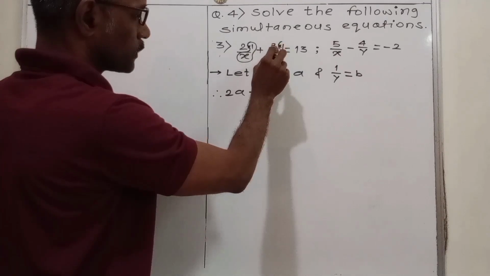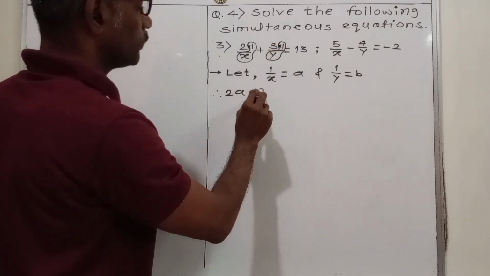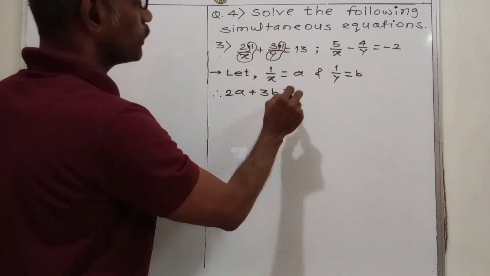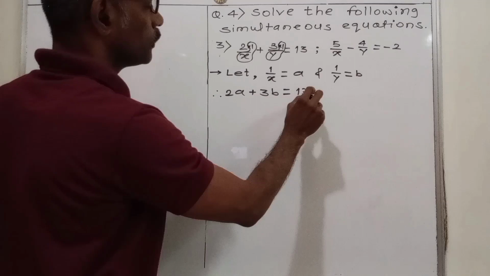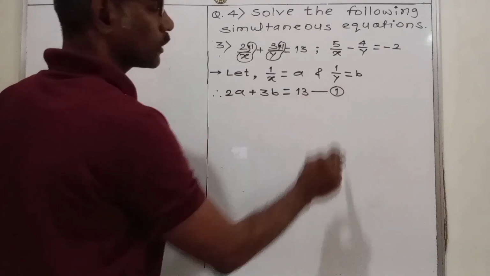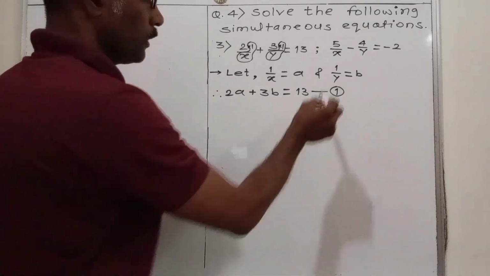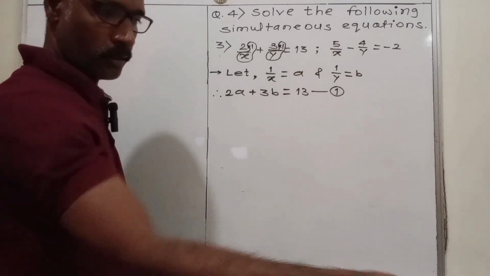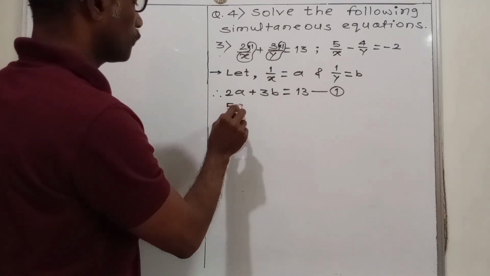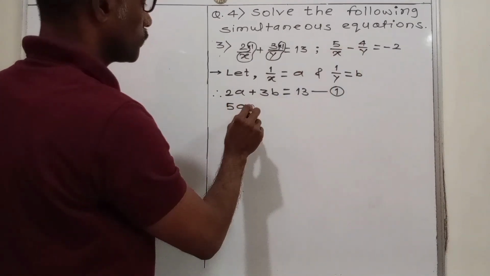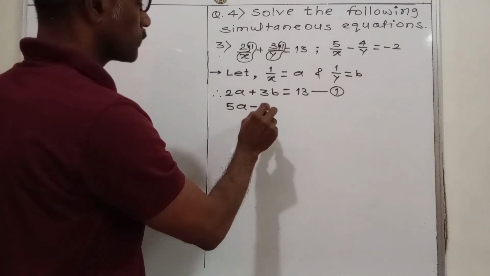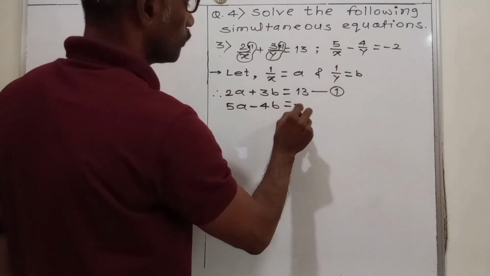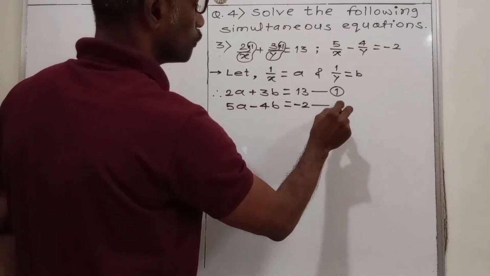Instead of this, we write 2a plus 3b is equal to 13. This is our equation number 1. Did you get it? Same way for this, 5a, what is the sign? Minus 4b is equal to minus 2.